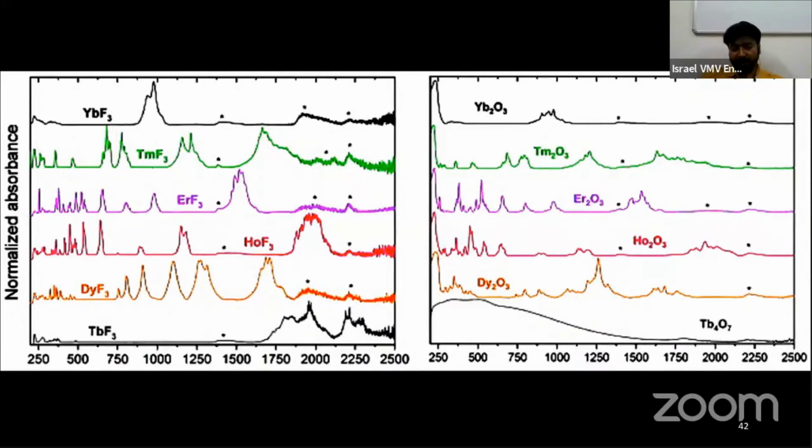Many bands means you can excite them at various wavelengths, from 250 nm to the NIR region and even up to the infrared region. So they are useful for biological applications. You can use the second biological window.